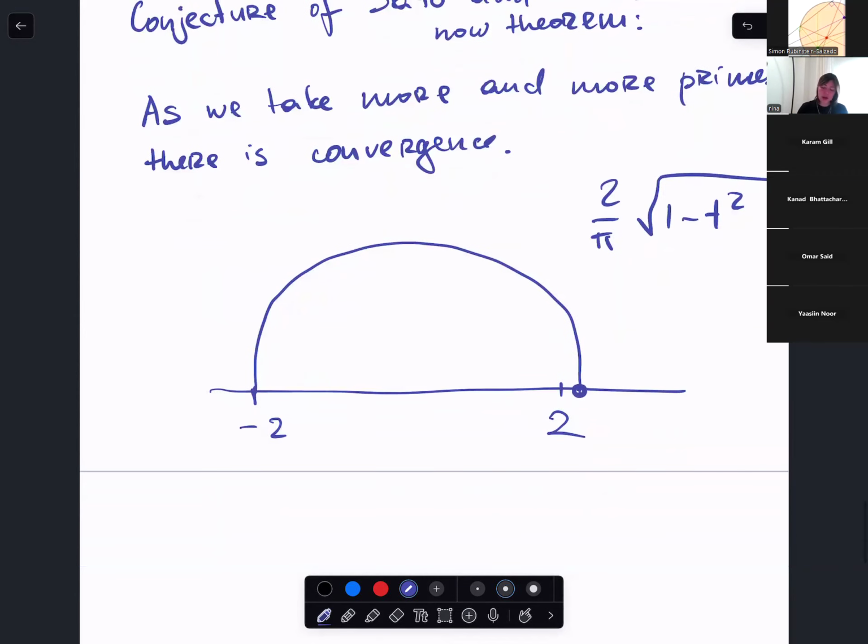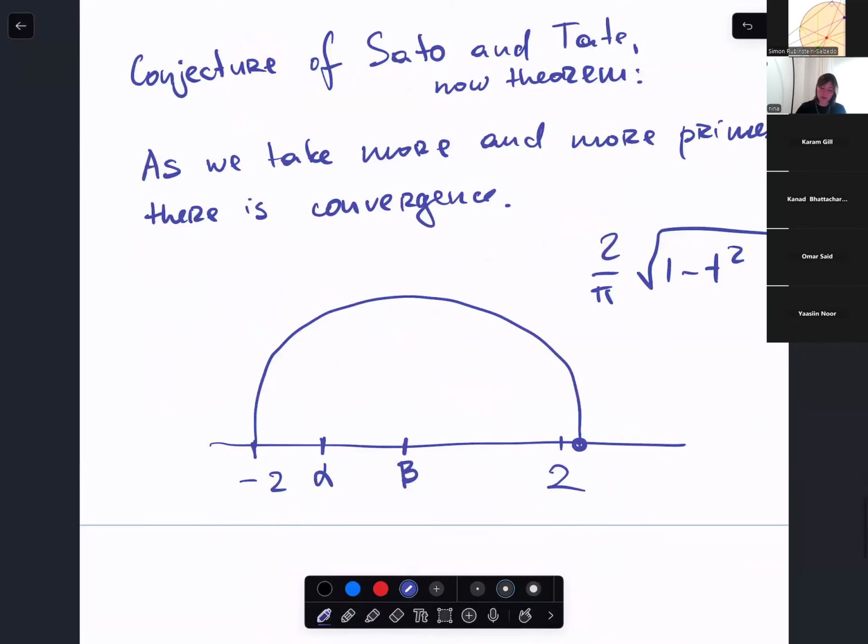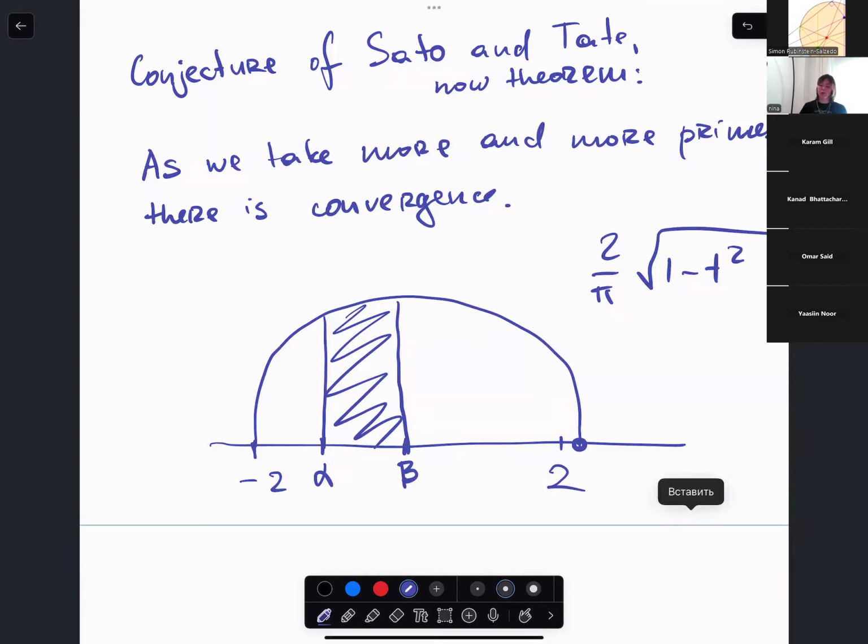And if you want to ask, take two numbers, say alpha and beta, how often will the scaled coefficient lie between alpha and beta, you compute this area. This will be some number less than 1, and that will be the probability. So we know exactly, as we take more and more primes, what proportion of them will fall between any two numbers. And this is called the Sato-Tate distribution.